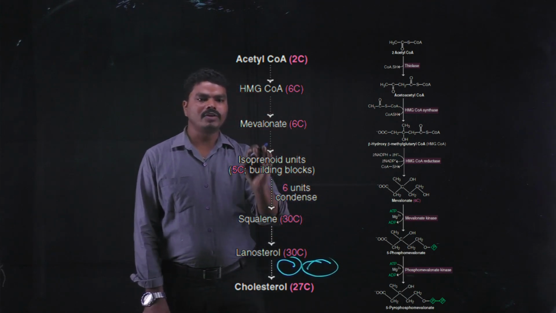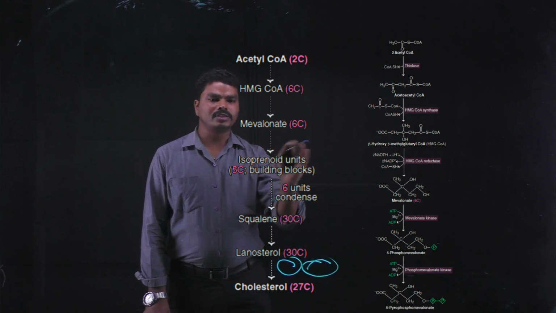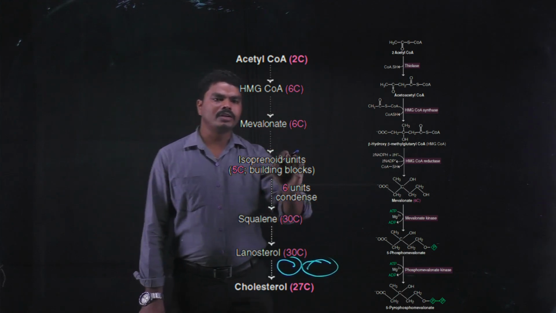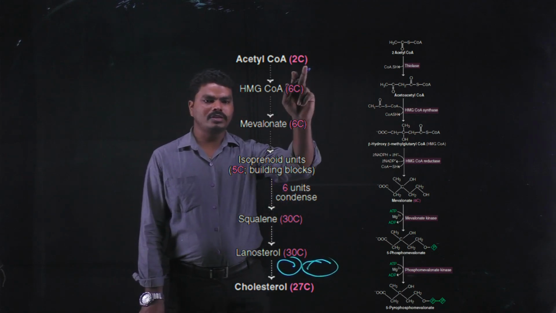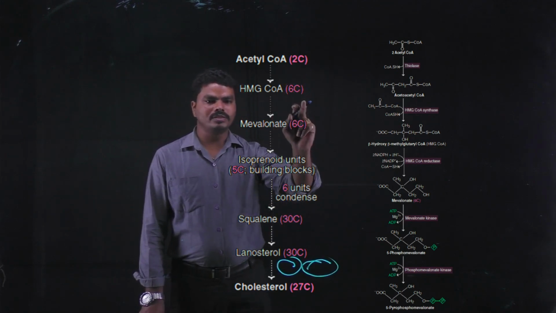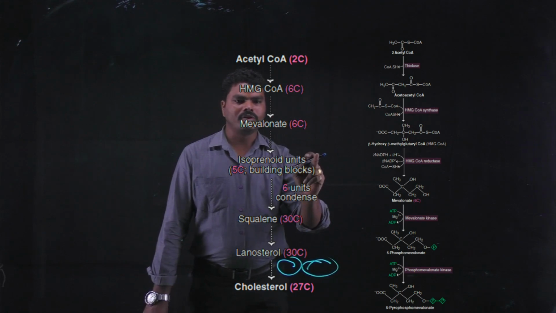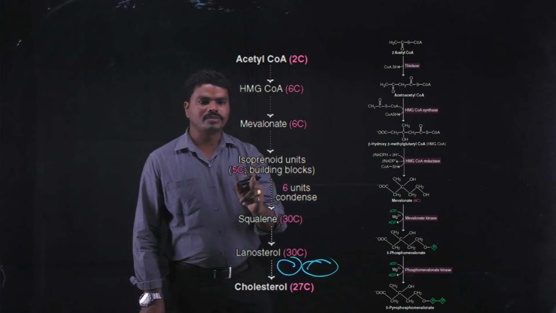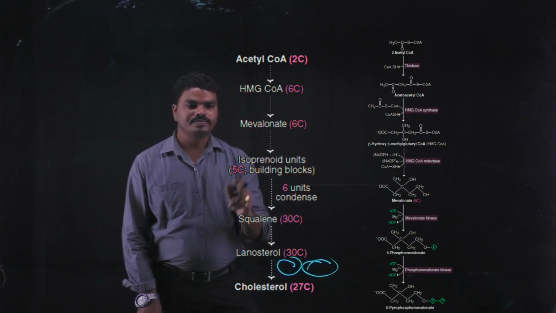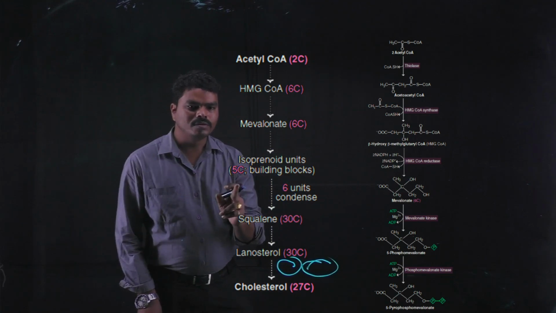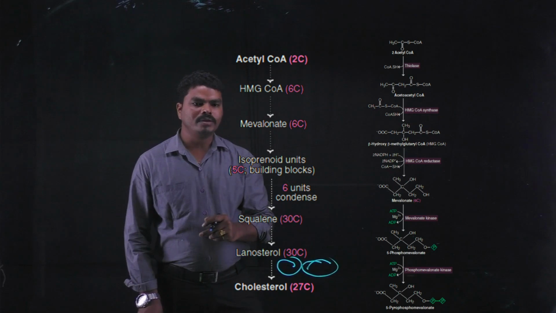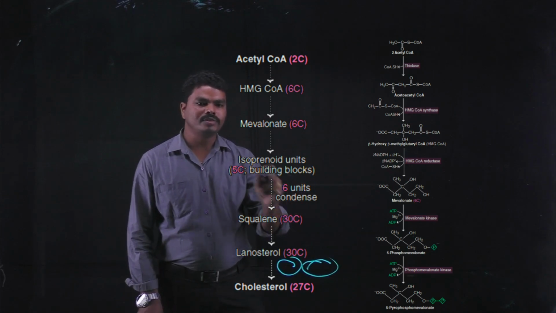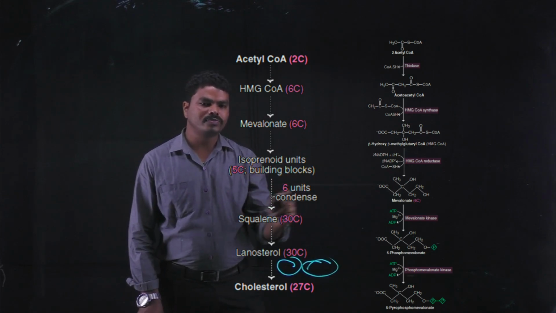Then it will be converted to mevalonate. That is the second step. Mevalonate also consists of 6 carbons. Then the isoprenoid units, which are 5 carbon building blocks, and 6 of these isoprenoid units condense to form squalene.